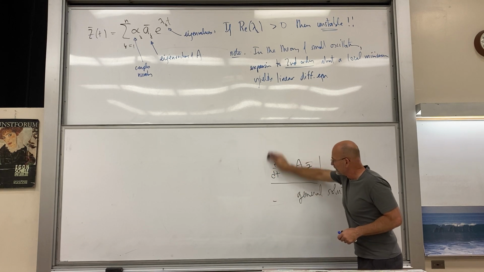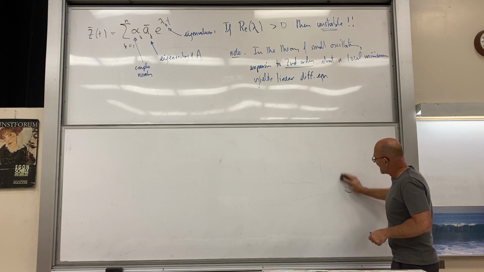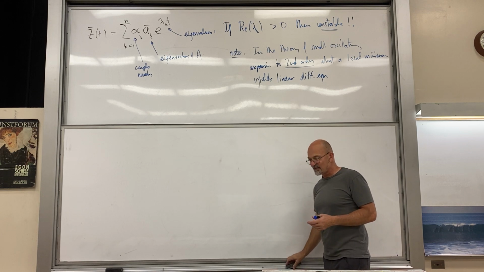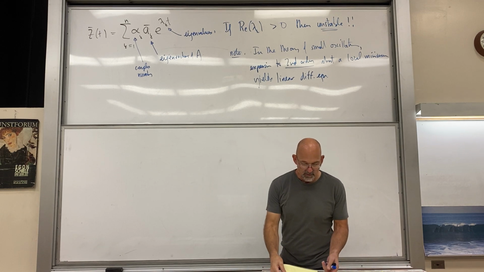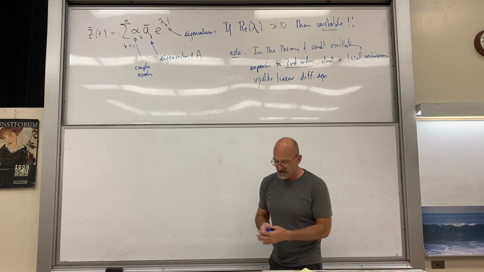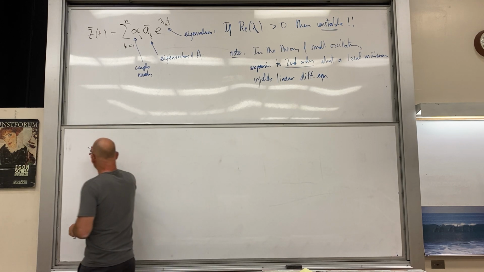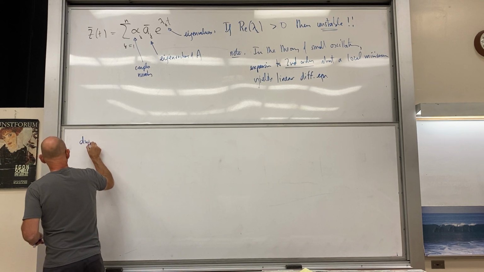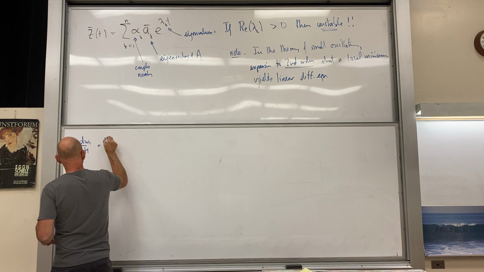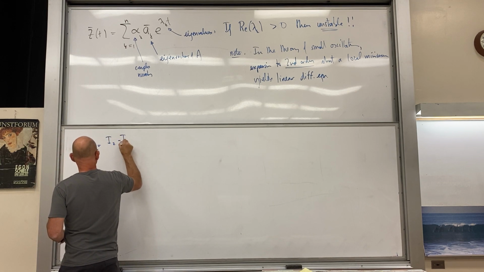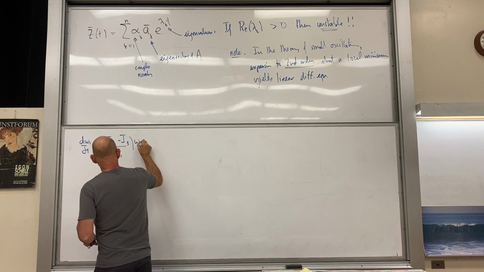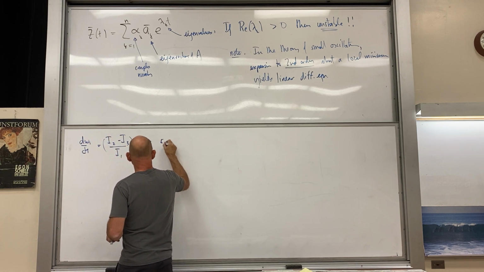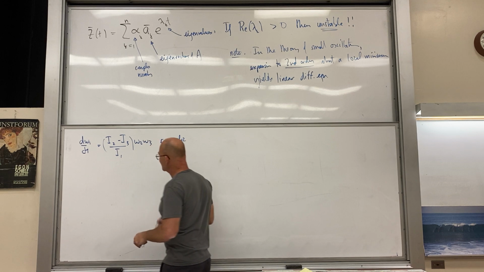Okay, so now let's go ahead and look at our system. Instead of x's, we have omegas. So I'll just write down our equation here. So we have d omega 1 dt equals I2 minus I3 over I1, omega 2, omega 3, and cyclic.